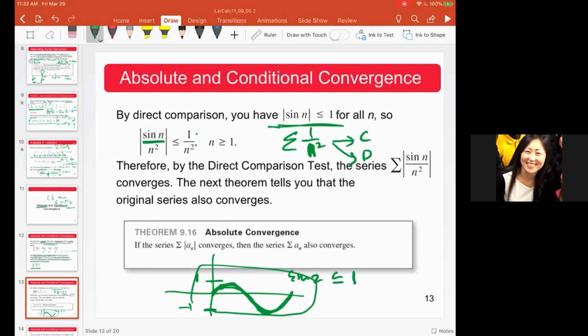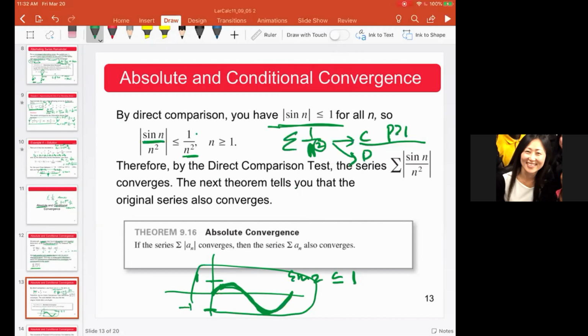Anybody know? Colin, do you know why this converges? It converges because p is greater than 1. Yeah, right. p is greater than 1. It converges by the p-series test. Remember this number right here, it's more than 1, so it converges.